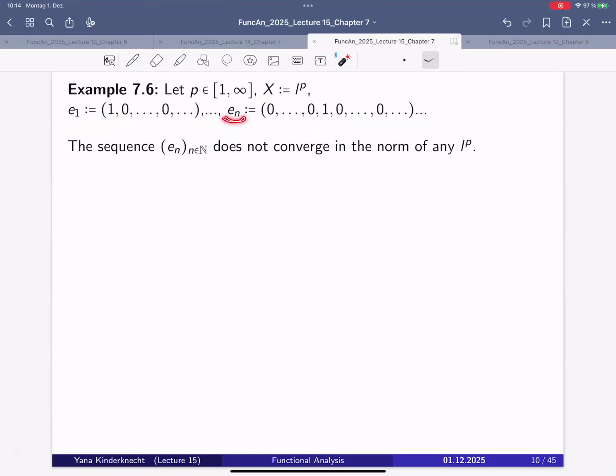And the nth vector, En, has all coordinates 0 except the nth coordinate. I hope it is clear that such a sequence of vectors in this space does not converge in the norm of any LP.